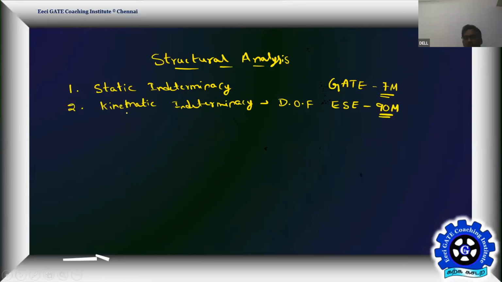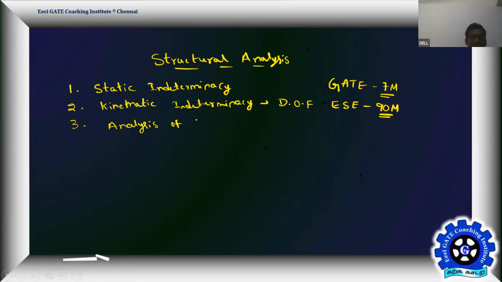So I'm writing the syllabus, just focus on what I'm going to cover. Once I take up each individual topic, you will really enjoy each and every class. It's very interesting. Please pay attention to the topics. The third one is analysis of trusses, or we can say analysis of pin jointed structures.